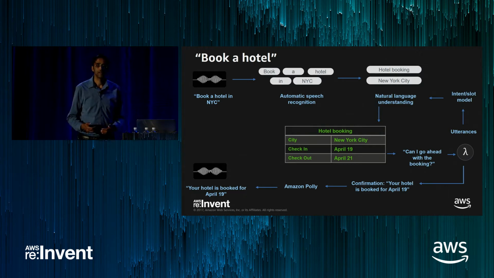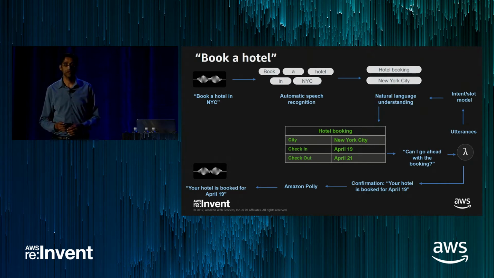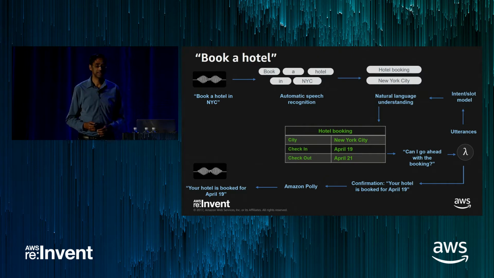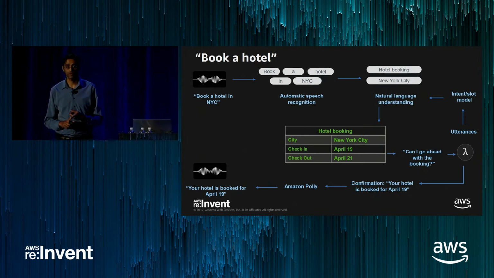Once that is done, Lex engages in a conversation with the end user based on the configuration that the developer has provided, and elicits other information necessary to actually fulfill this intent. So in this case, we already know about the location.